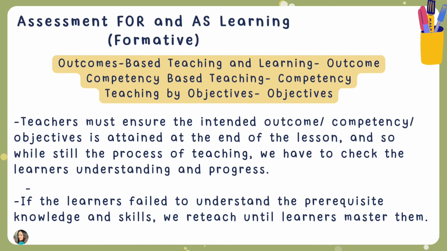So if the teacher is still at the formative stage, you should address the learning gaps or problems of the learners before it reaches the summative assessment. Because if it reaches the summative assessment, remember that the failure of the student is also the failure of the teacher. The failure of the entire class is a reflection of the failure of the teacher.